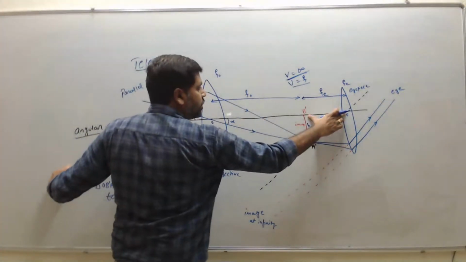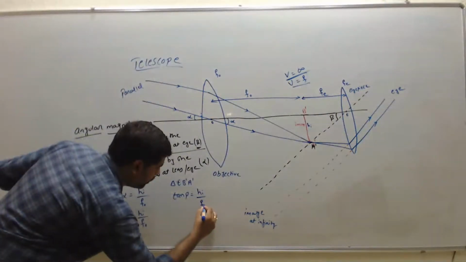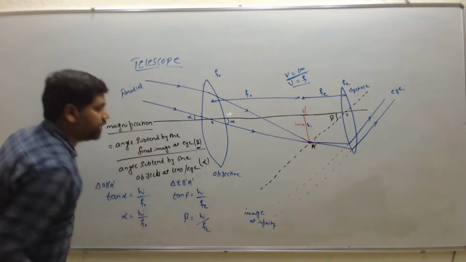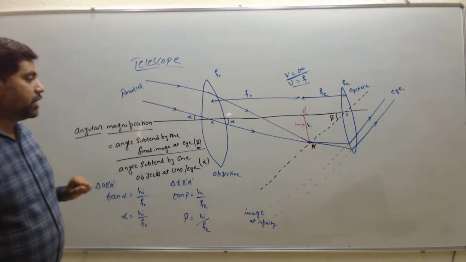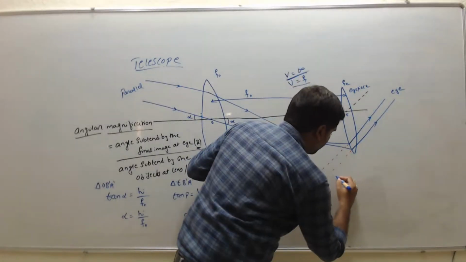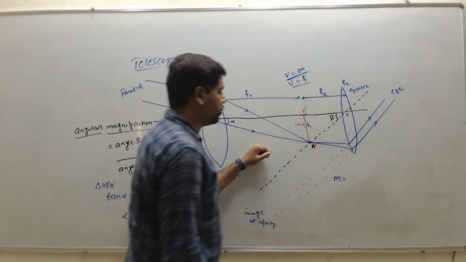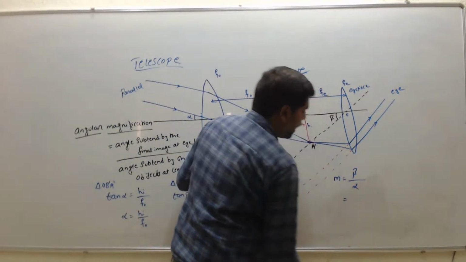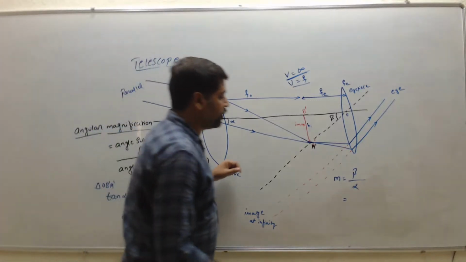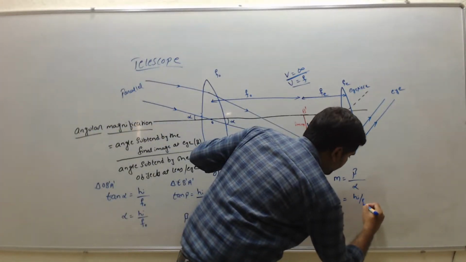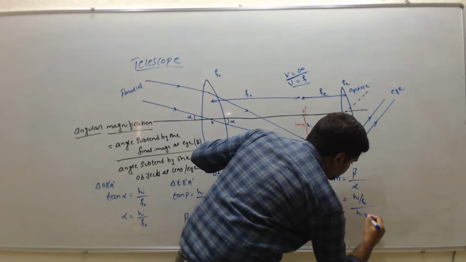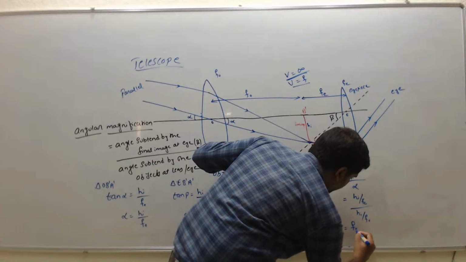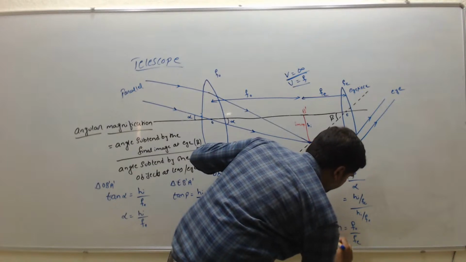The adjacent side is B dash E, that is fe. For a small angle, beta equals hi by fe. From the definition of angular magnification, M equals beta by alpha, that is hi by fe divided by hi by fo. If we simplify, we get M equals fo divided by fe.